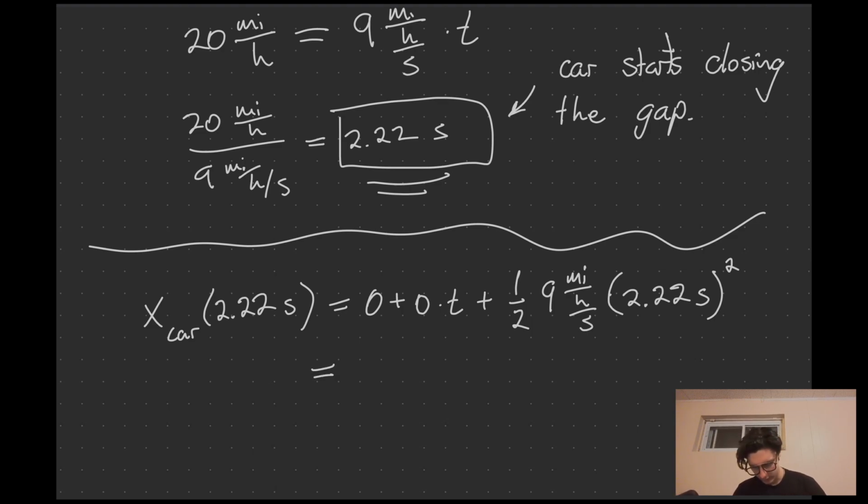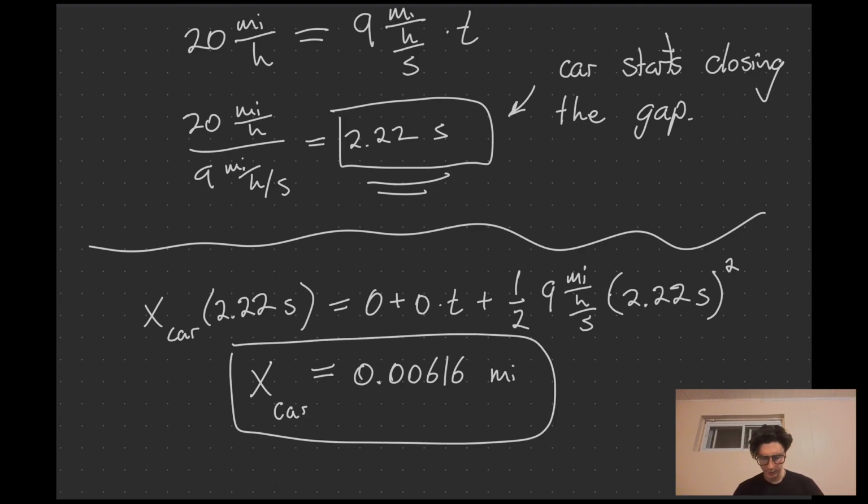So what we have here is 0 plus 0.5 times 9 times 2.22 times 2.22, and we divide this whole thing by 3600 to cancel out those hours in the mile per hour per second. Everything left is in seconds, so the seconds cancel. So our final answer here is going to be in miles, and what we have is 0.00616 miles, the position of the car.